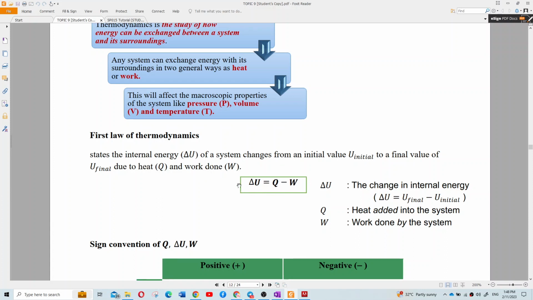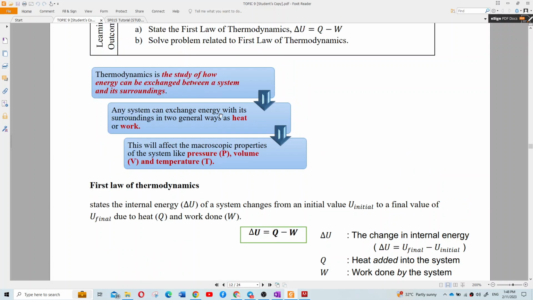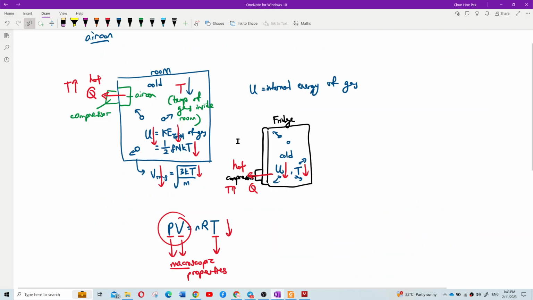Delta U equal to Q minus W. So all these changes of energy in the form of heat and work done will affect the change of internal energy of the gas inside a room or inside a container. We actually focus on changes of internal energy of gas inside a room or a container.